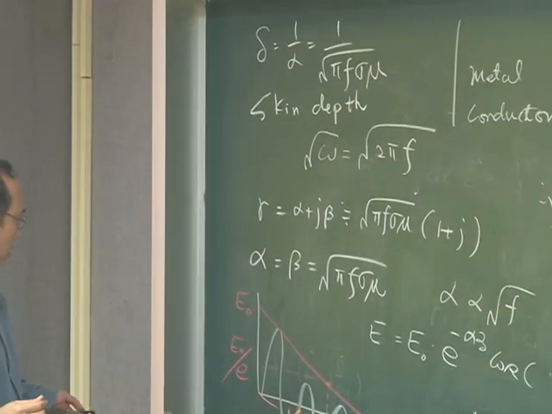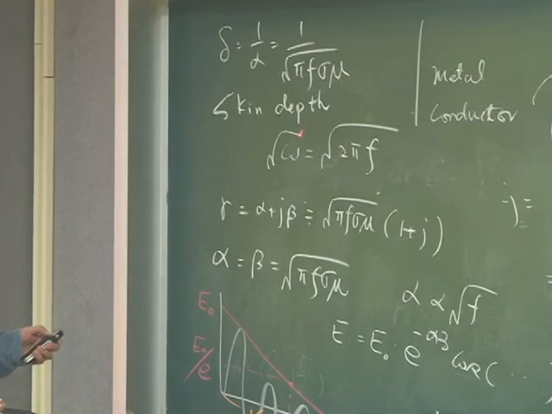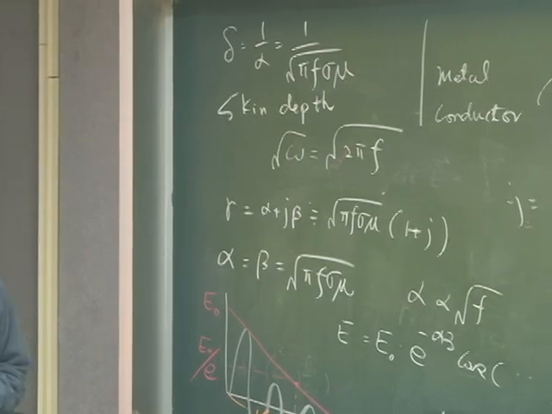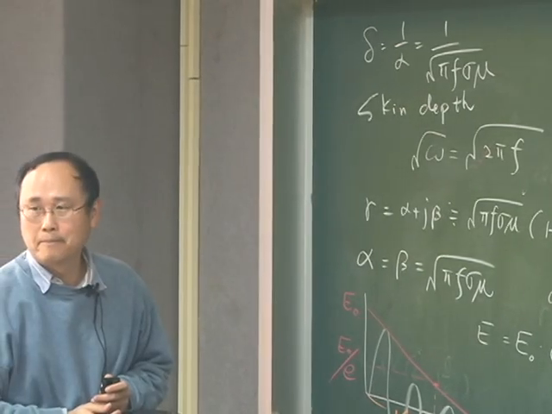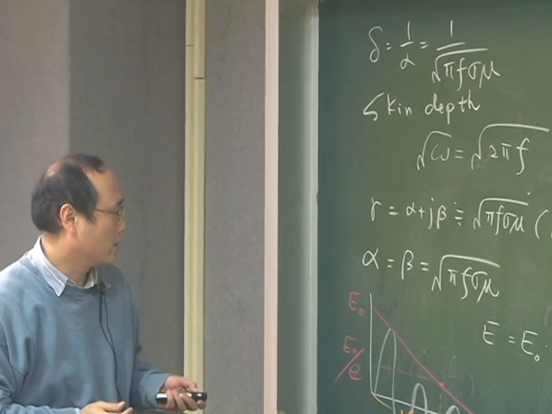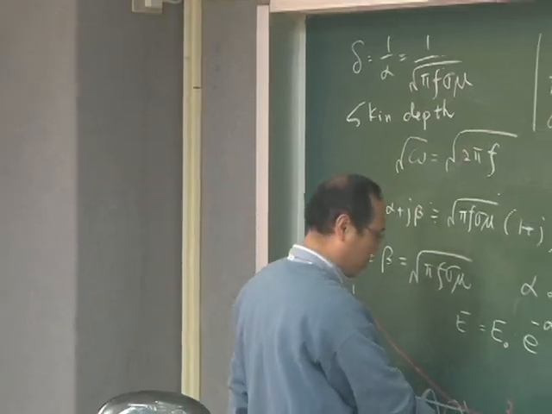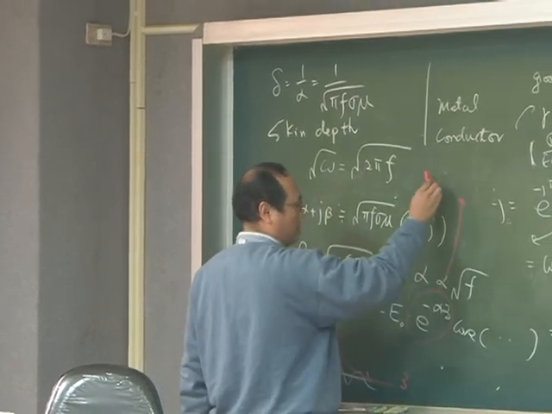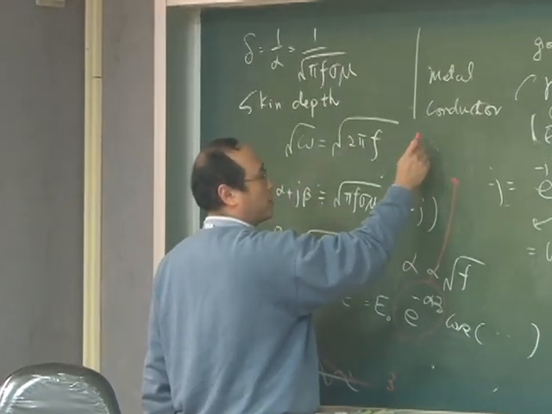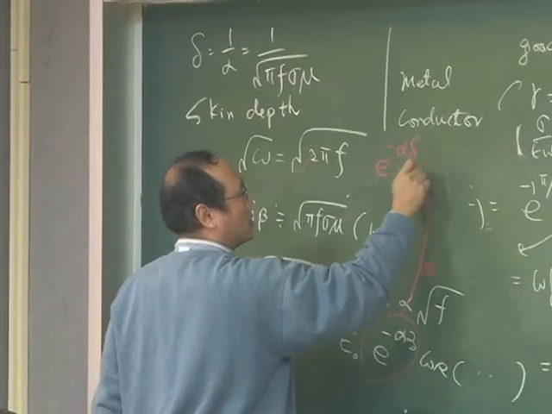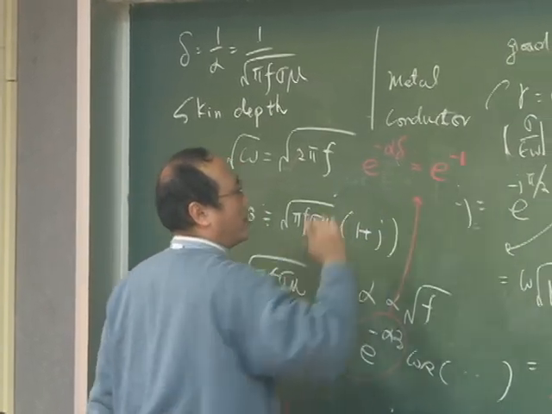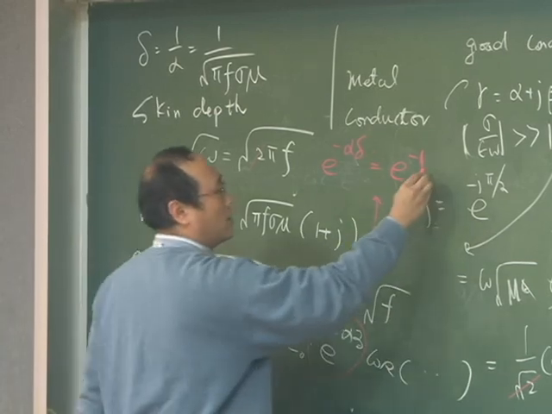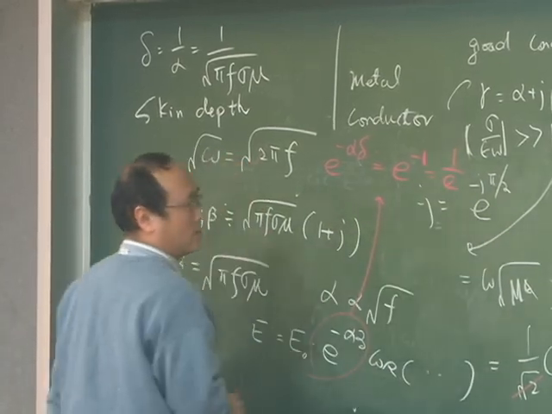Okay, this distance is called skin depth. 它的物理意义。来，你这个距离，if you look at this term, exponential minus alpha delta is equal to exponential minus 1, which is 1 over e.